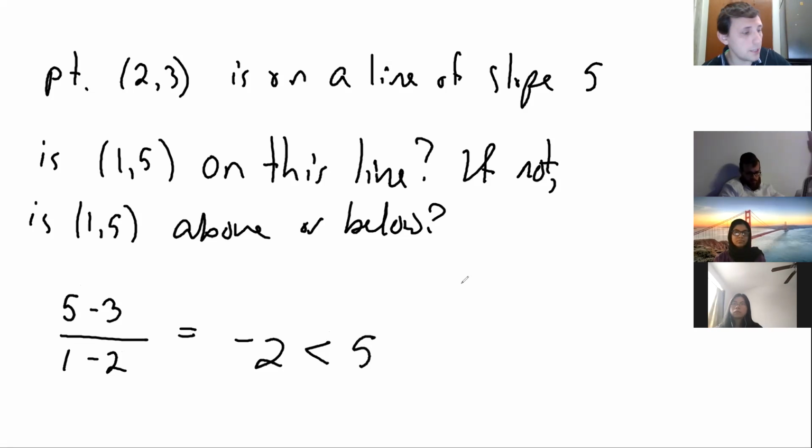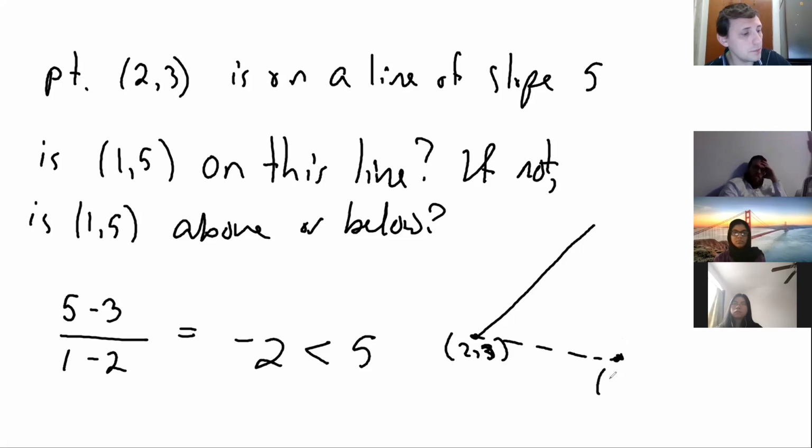My rise is negative, so this is the actual line going through (2, 3), and from this line, somewhere over here is the point (1, 5). So without drawing anything, I can just reason using mathematics whether my point is below the line or above the line.